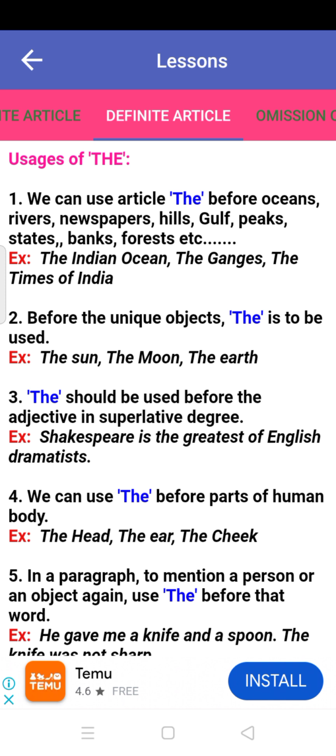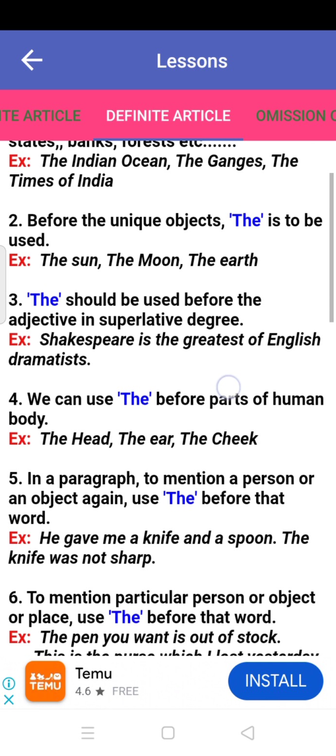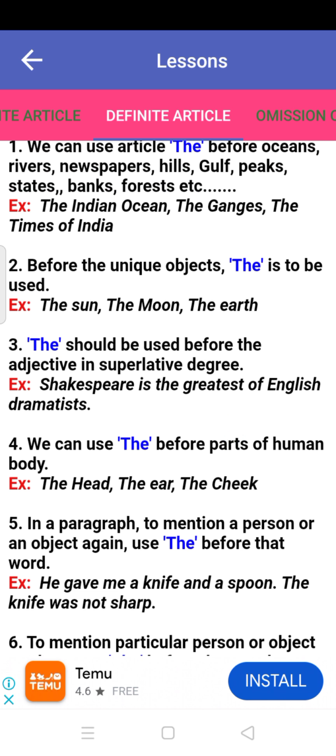The common rules we use to form a definite article: we can use the article the before oceans, rivers, newspapers, hills, gulfs, peaks, states, banks, forests, etc. The example is the Indian Ocean, the Times of India.